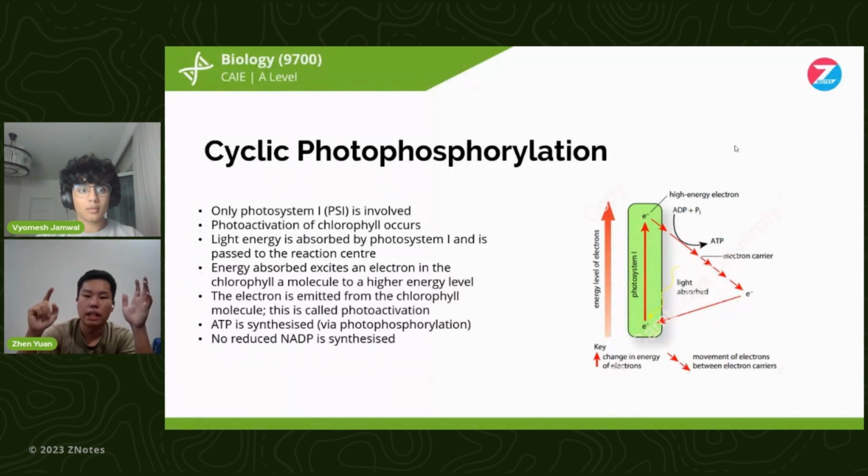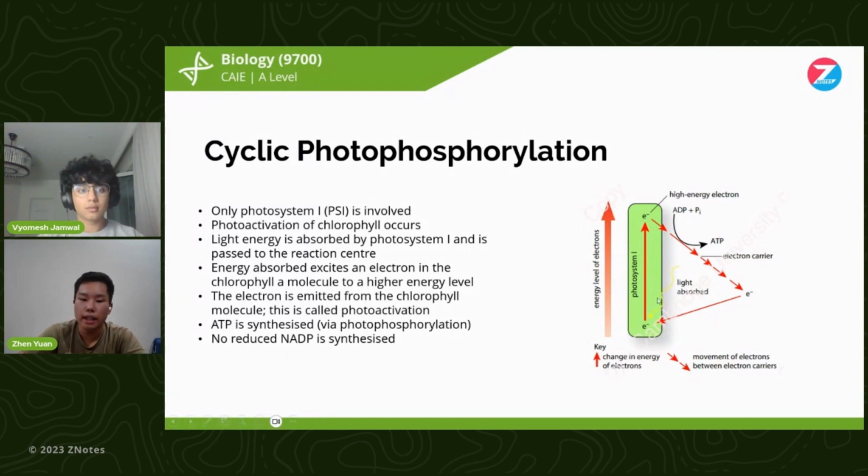This electron is used to replace the missing electron of chlorophyll A when the old electron has been emitted from the photosystem, from the chlorophyll A.